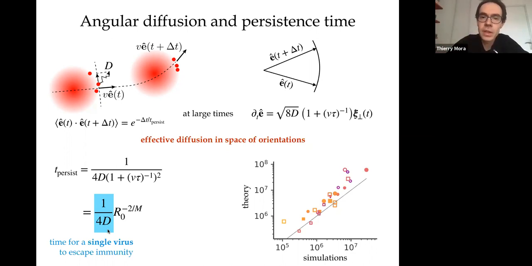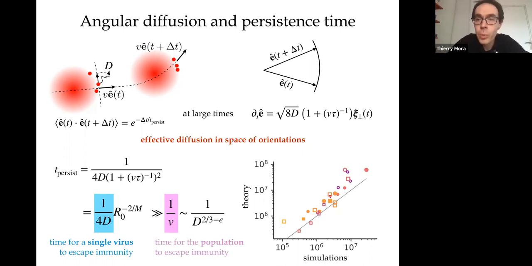I remember distance 1 in antigenic space was the cross-reactivity radius, right? And this has to be contrasted with the time it takes for the whole population to escape immunity. That's given by 1/v. And that actually scales more like 1/d to the power 2/3 minus logarithmic corrections.